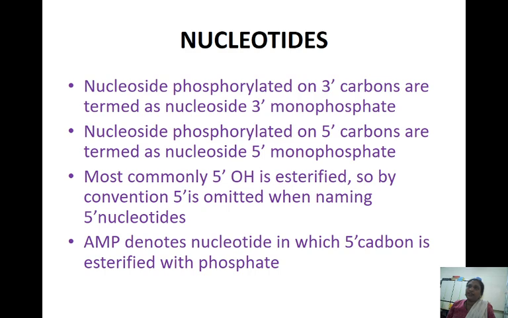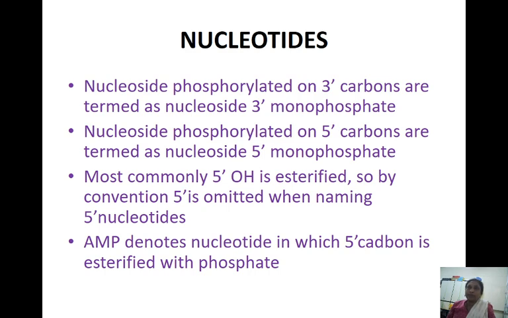Now coming to the nomenclature of nucleotides. A nucleoside, if it is phosphorylated on the 3 prime carbon, is termed nucleoside monophosphate. The possible sites in ribonucleosides are 2 prime, 3 prime and 5 prime; in deoxyribonucleotides, only 3 prime and 5 prime.